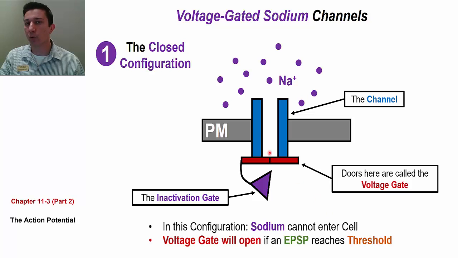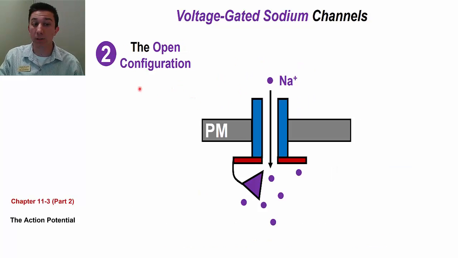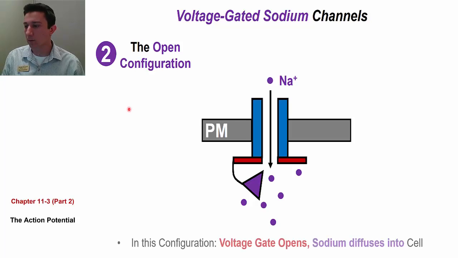That is, if our membrane voltage is brought to threshold, this voltage gate will open and let sodium diffuse into our cell. Right? So that's what the open configuration is. So in this configuration, our voltage gates have moved. Our sodium is now permitted to diffuse into our cell.